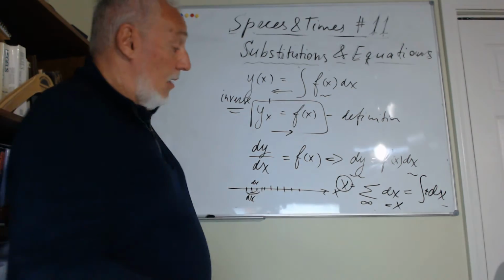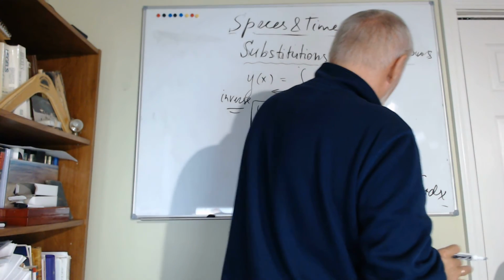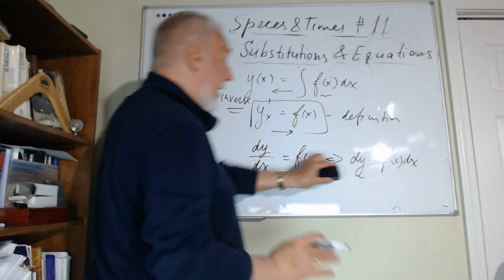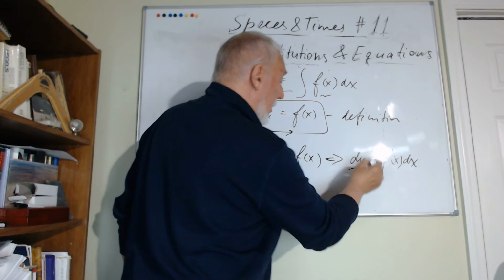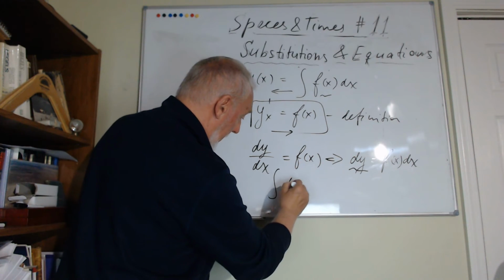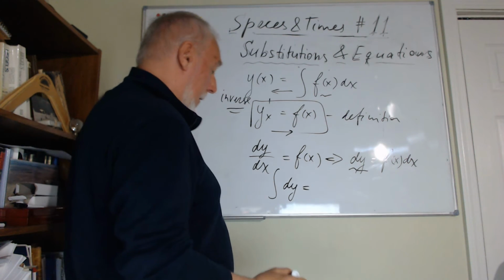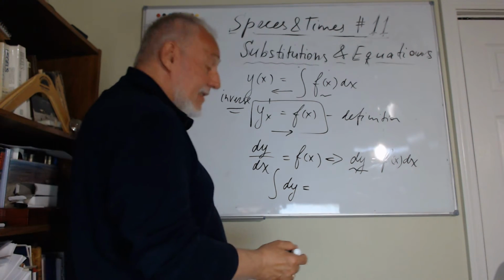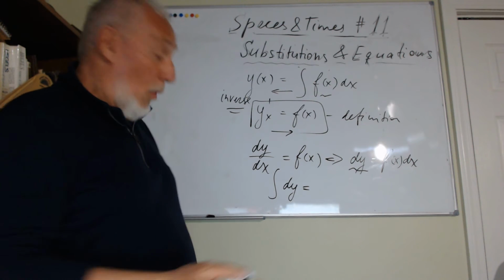But if we have this for x, we have the same thing for y. If we sum all of the dy's, we'll get an axis. What axis would we get in this case? The y-axis, exactly.